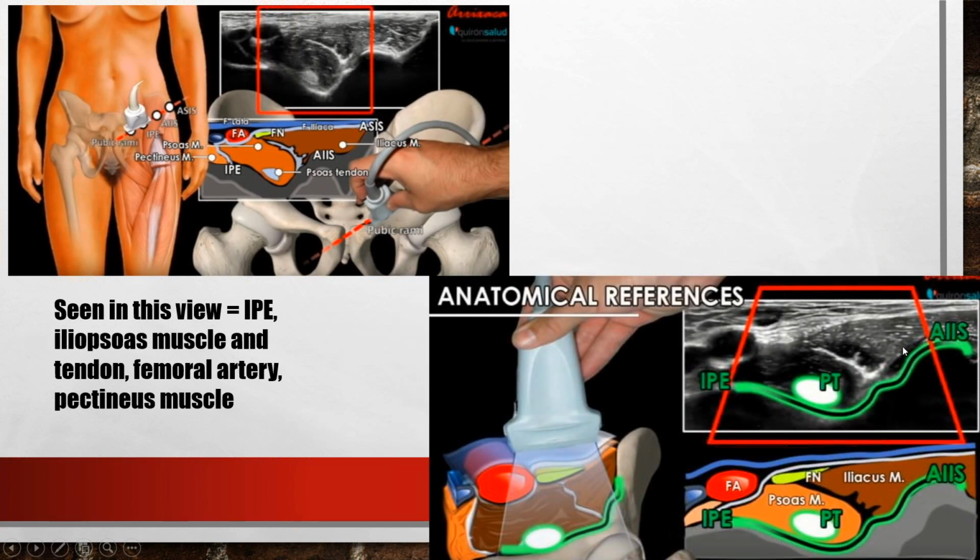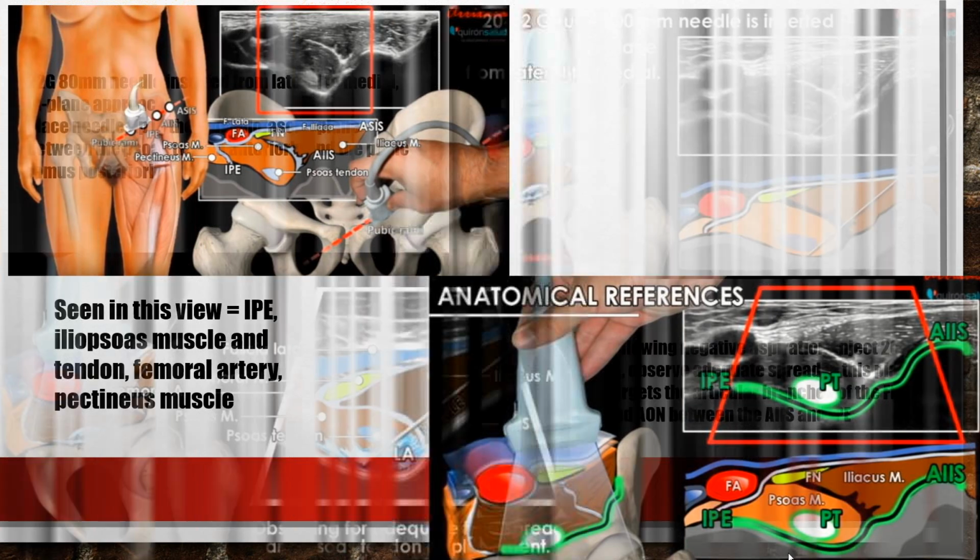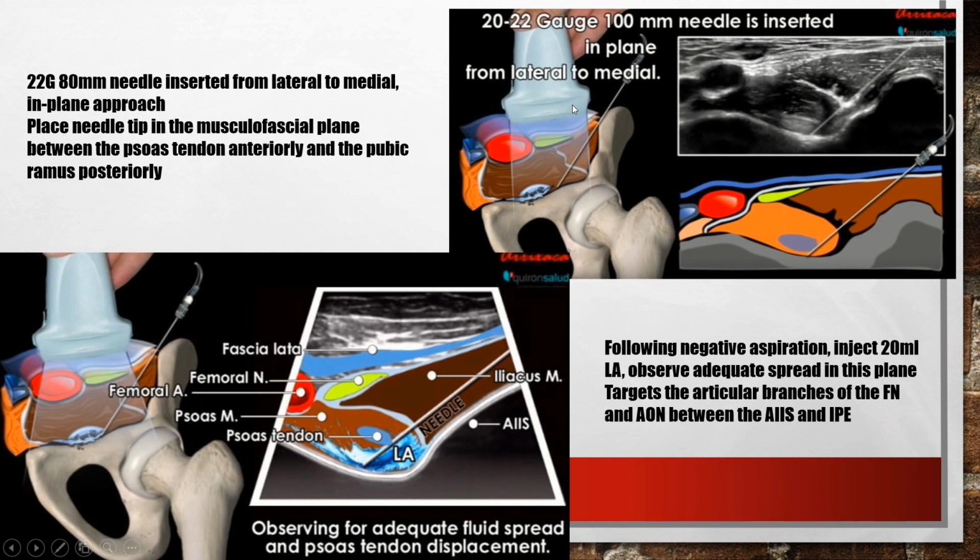At this point we can see the iliacus muscle, psoas tendon, the femoral artery, femoral vein, the iliopubic eminence, and maybe we can see the pectineus muscle as well. At this point we can inject from lateral to medial.